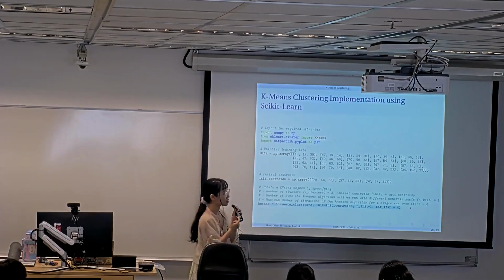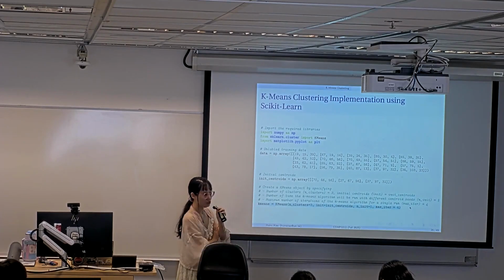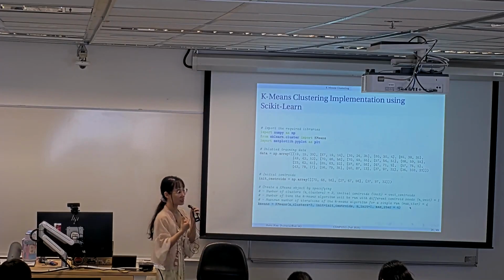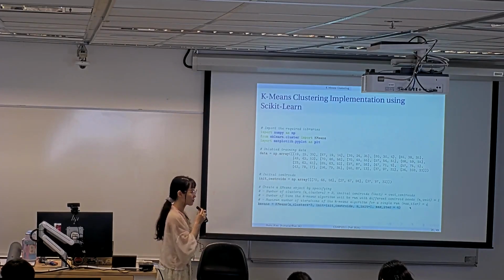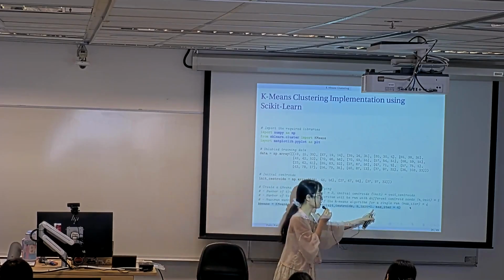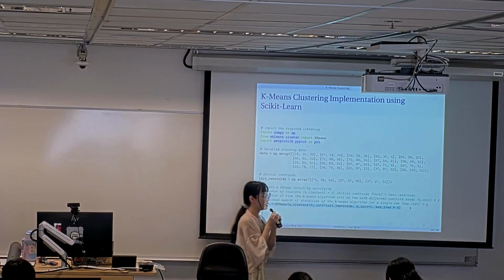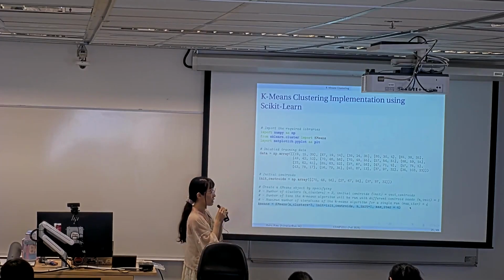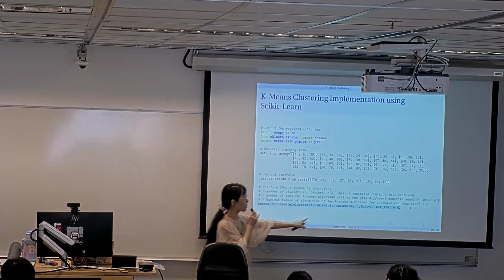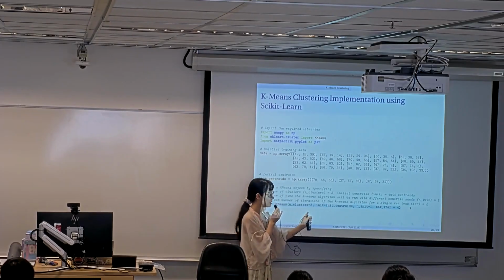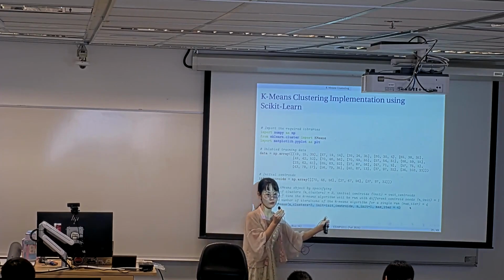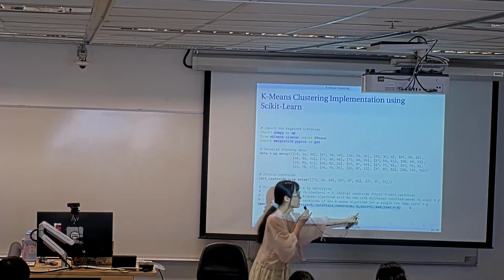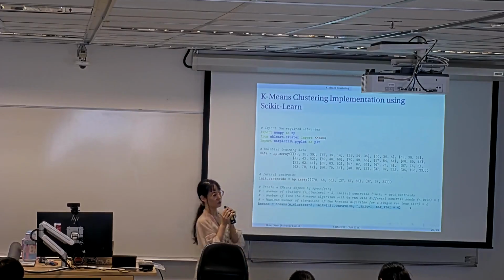Scikit-learn's k-means provides such an implementation so that you can run the algorithm multiple times with different centroid seeds. So you can let n init be larger so that it will select different sets of initial centroids and run multiple times. But since we directly specify init to be the init centroids, it's already fixed. So for n init, we just let it be 1. We only need to run it once.